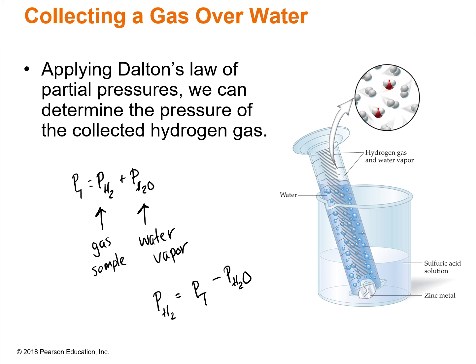Does that concept make sense? This is collecting gas over water and how you can figure out what the partial pressure is of the gas you're interested in. So let me know if that makes sense.